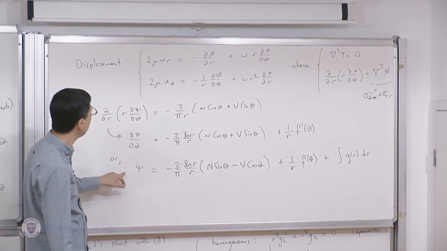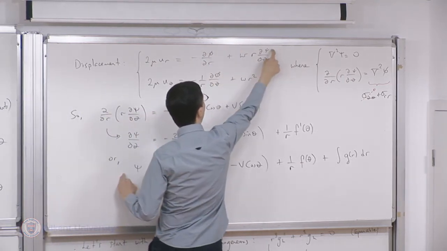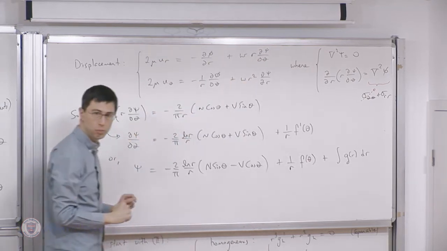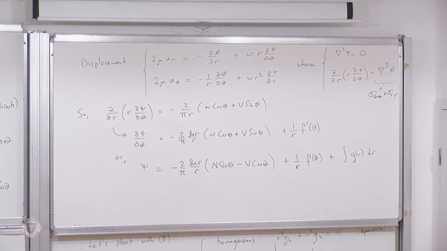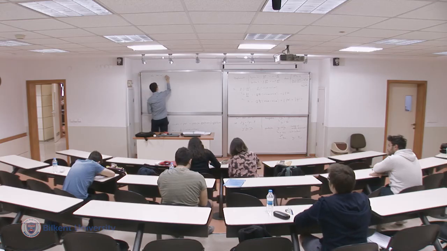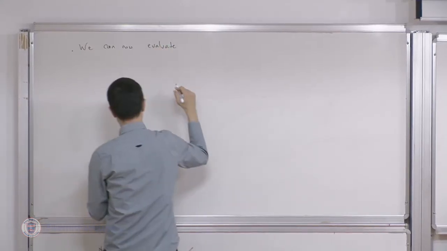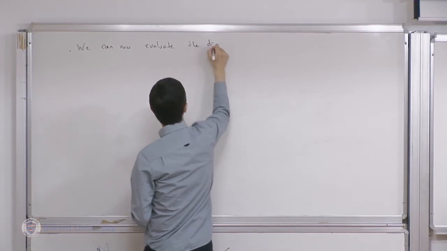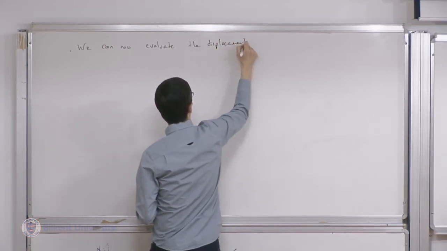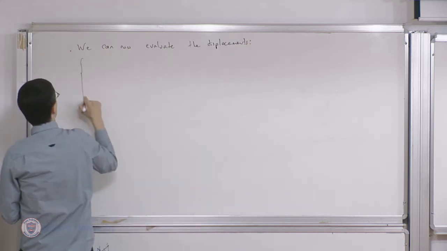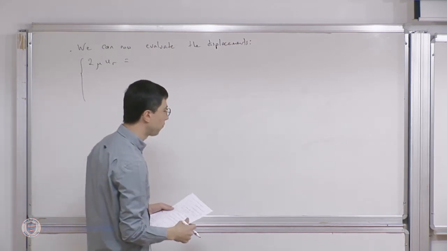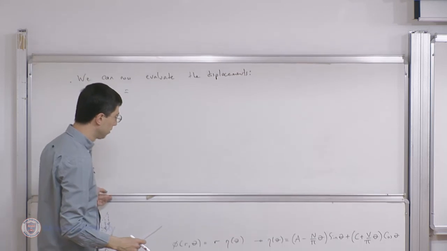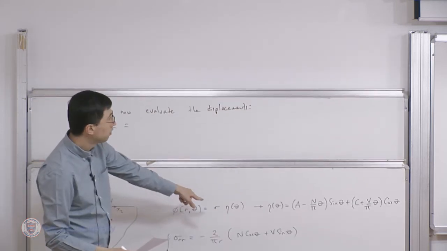So now I'm going to go ahead and plug in air stress function phi and psi and evaluate what the displacements are. Again, I'm raising this board, sort of like my working board here. So 2 mu ur. The form of phi is also down here.